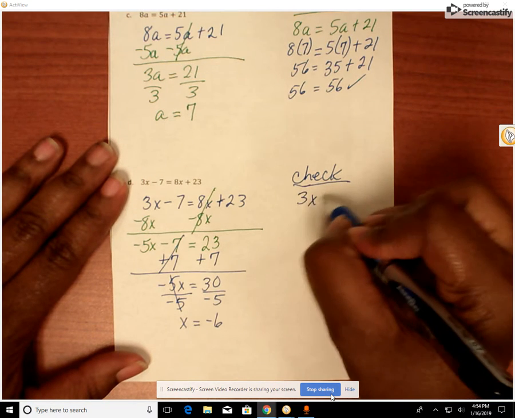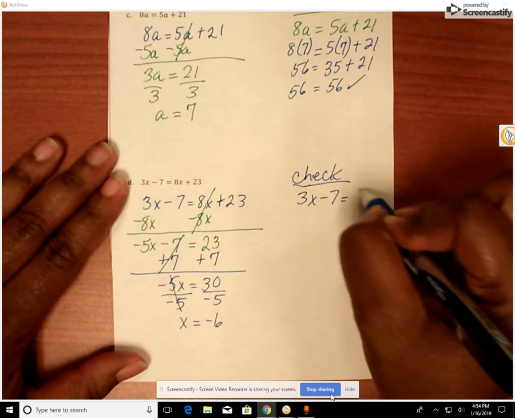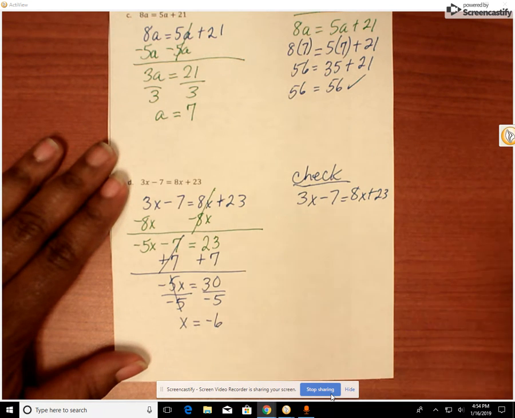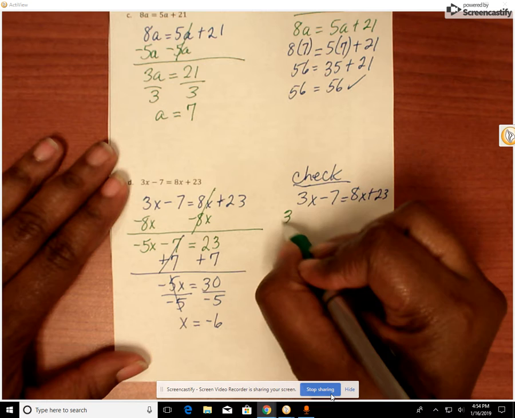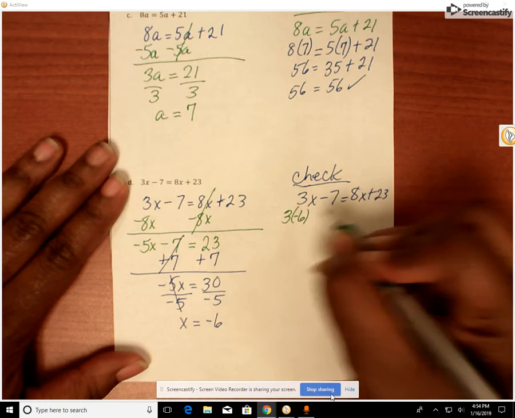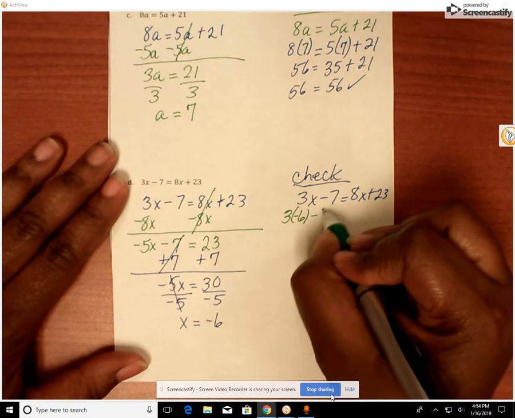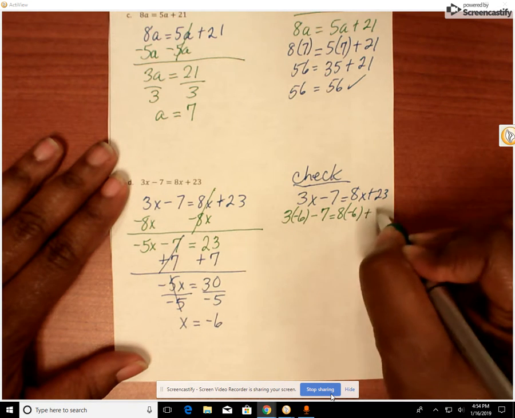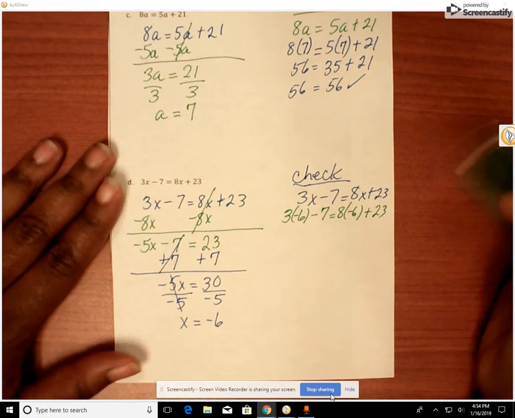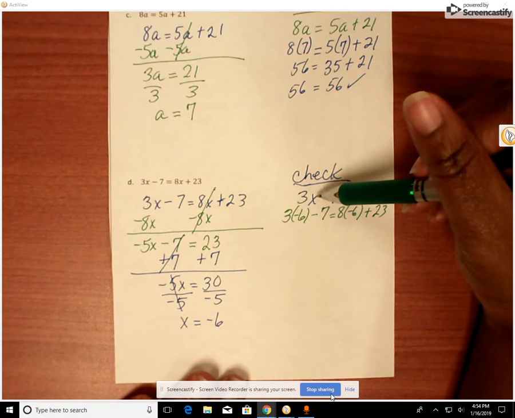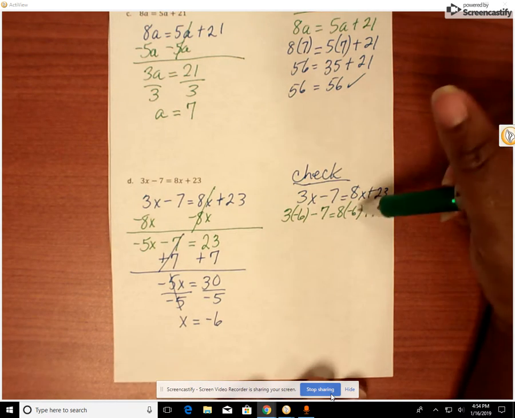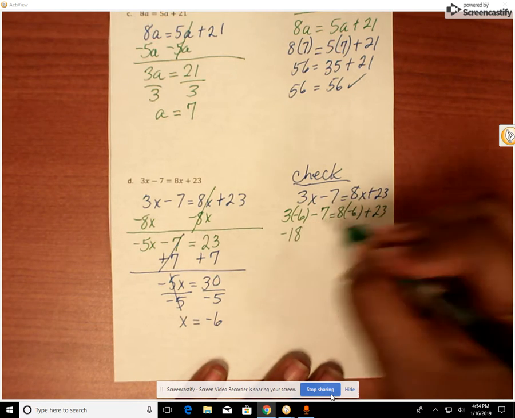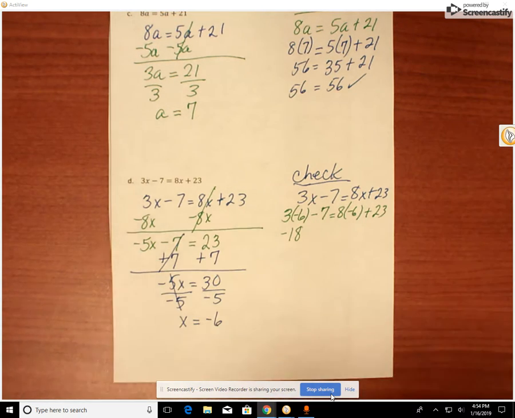So 3x minus 7 equals 8x plus 23. So we're going to replace x with negative 6. 3 times negative 6 minus 7. 8 times negative 6 plus 23. Again, I put the 6 there because I replaced each of the variables with negative 6. 3 times negative 6 is negative 18.